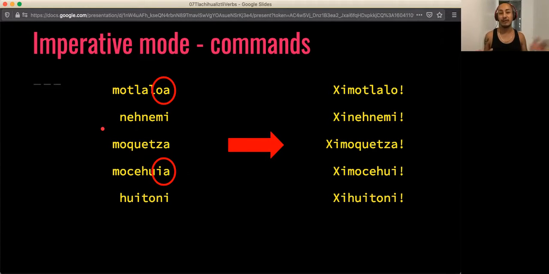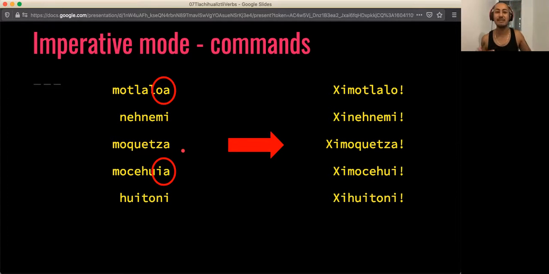So in general, in Nahuatl, the word for please doesn't actually exist. In other varieties of Nahuatl, they add tla in front of this. So they might say tla shinehnemi. And the tla is the closest that you can get to please. But really, that word tla doesn't mean please. It just means if you would do this. Tlan, T-L-A-N, is if in Nahuatl. So tla is the nice way to say if you would do this.